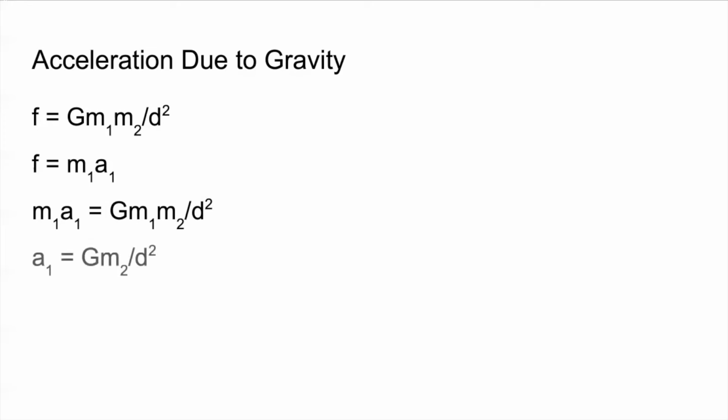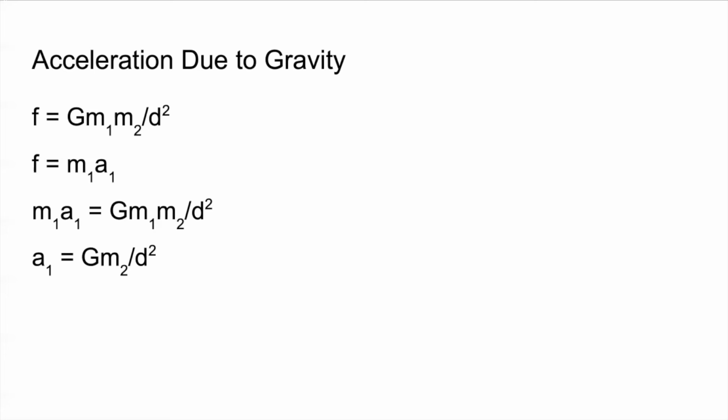Now dividing both sides by m1, we get that a1 is equal to G m2 over d squared. So what this tells us is the acceleration of an object due to gravity is equal to capital G times the mass of the other object over d squared.